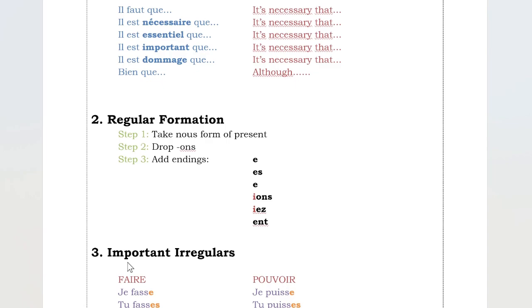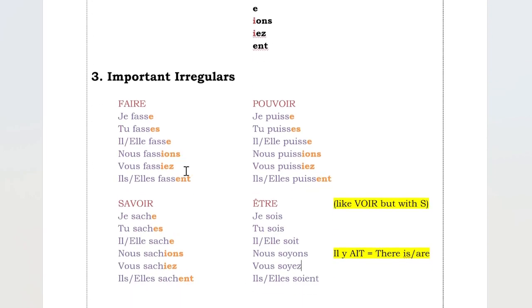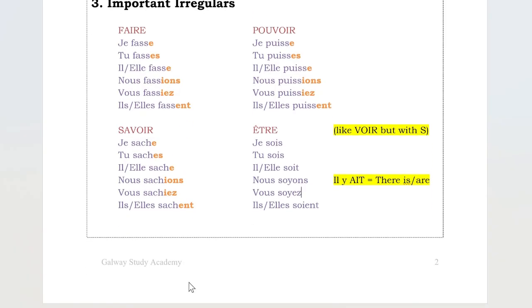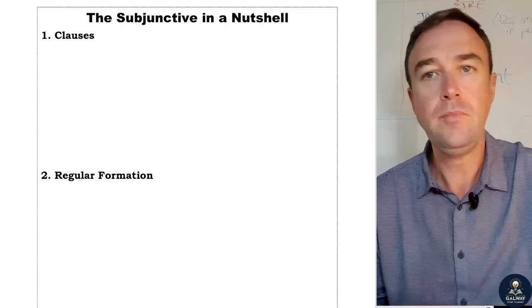There's our regular formation underneath, and those are our 4 important irregular verbs. Faire becomes fasse, pouvoir becomes puisse, savoir becomes sache, and être becomes je sois, tu sois. Just like voir, but with an S. And maybe just note as well that il y a becomes il y ait, there is or there are, which is also a handy thing to know.